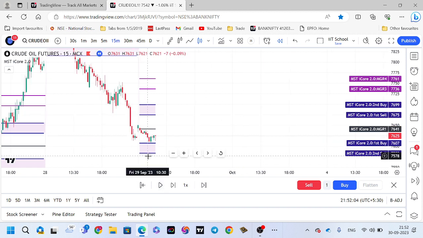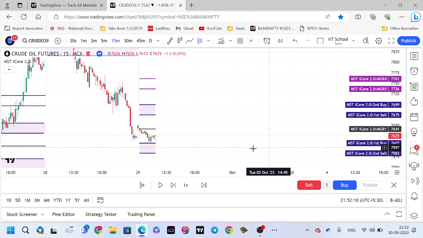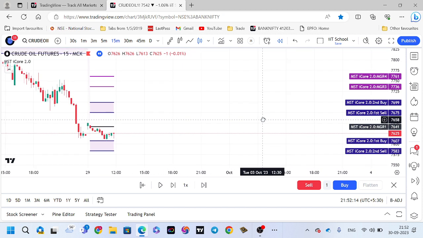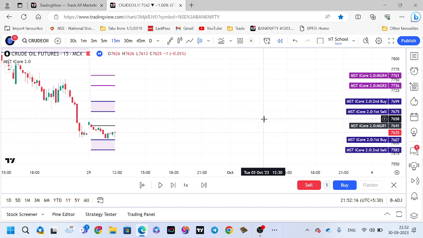See here, what is the low? The low made was 7607 and our buy entry was 7607. The exact low had been predicted when the market had just opened. Nobody in the world knows that the market will make a low of 7607, but our indicator has already predicted it using the advanced algorithm.